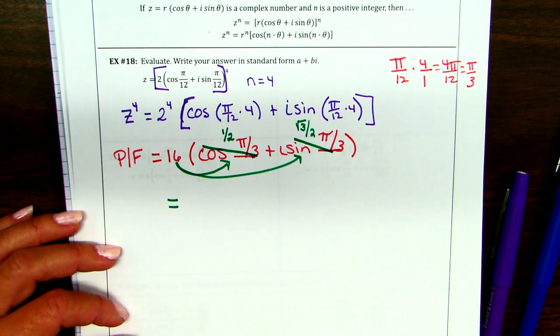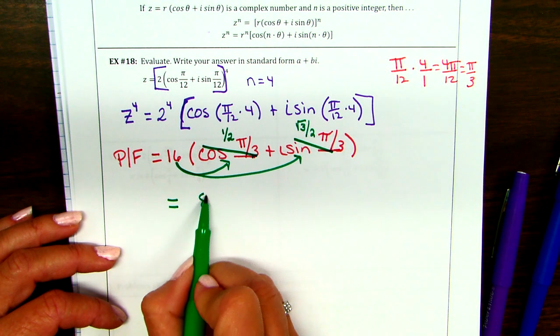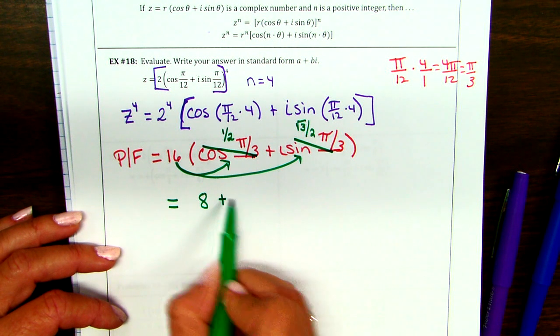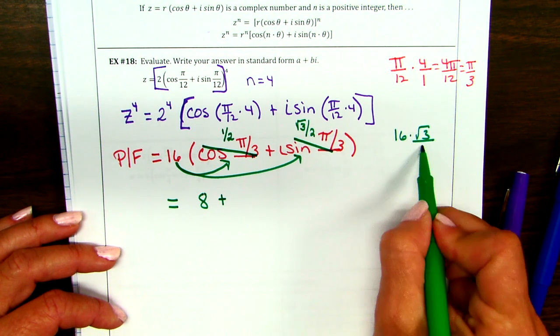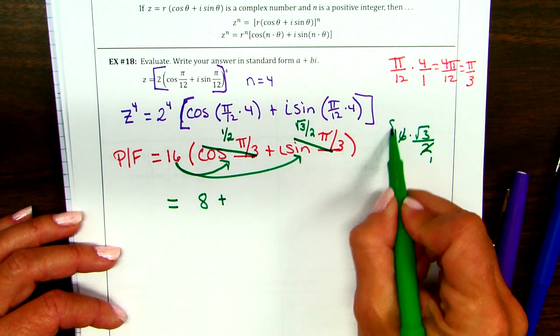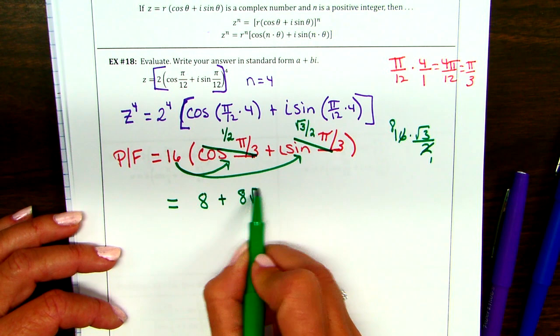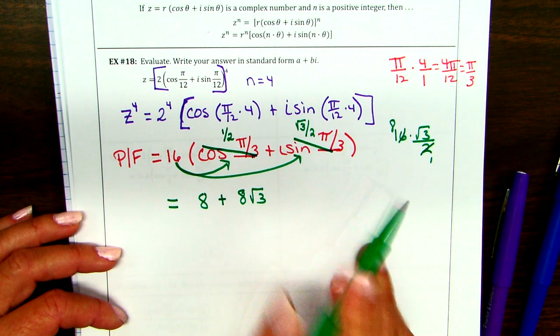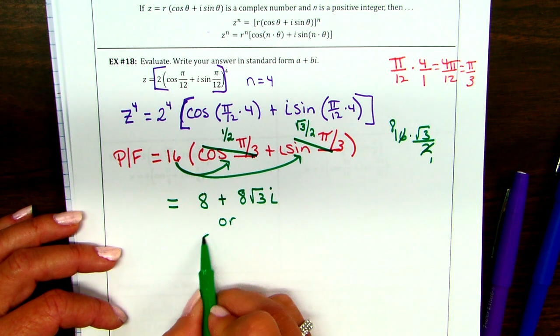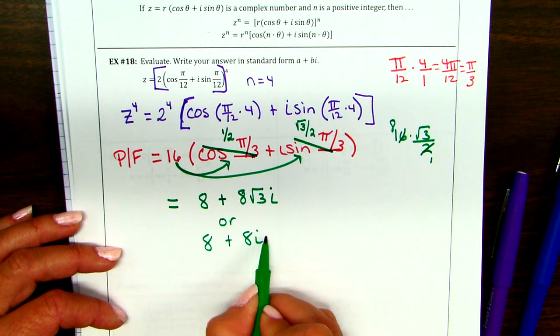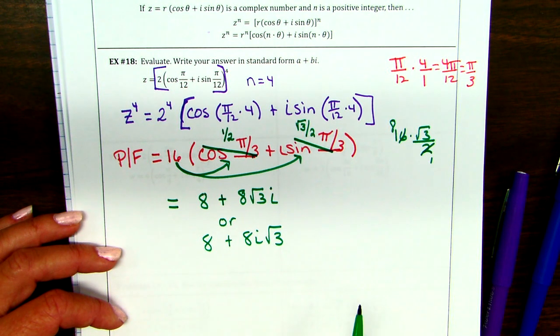Final answer, half of 16 is 8 plus 16 times the square root of 3 over 2 would be 8 square roots of 3 over 1. And you can put the i at the back, or you can put it in the front. Either one, okay?